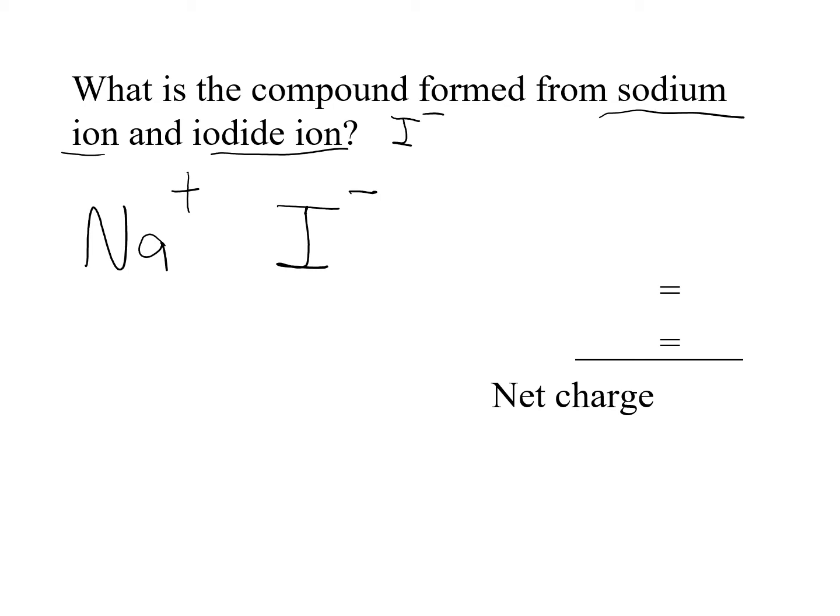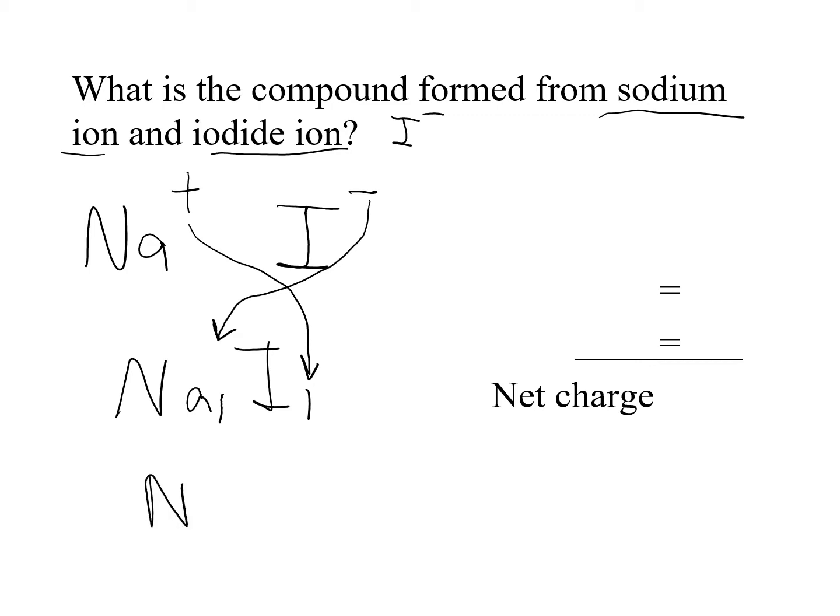So we're going to rewrite our element symbols again. We're going to cross our charges. We have a +1, so the subscript becomes 1. We have a -1 on the iodide. Our subscript for sodium becomes 1. And again, we don't have to show the ones. We can write NaI, and that's my ionic formula.